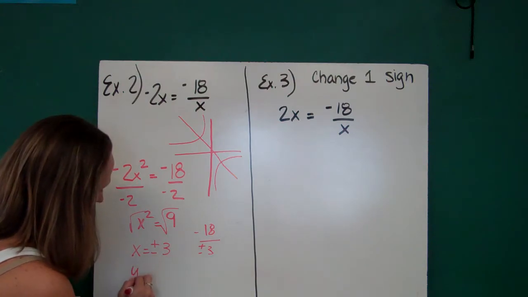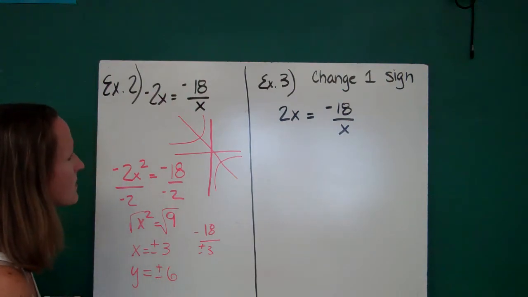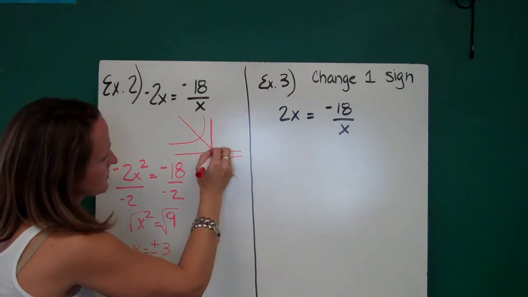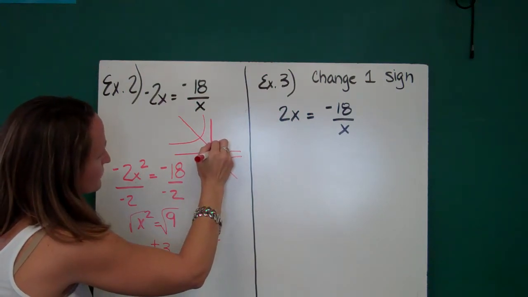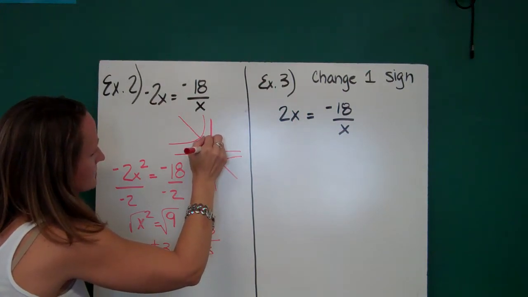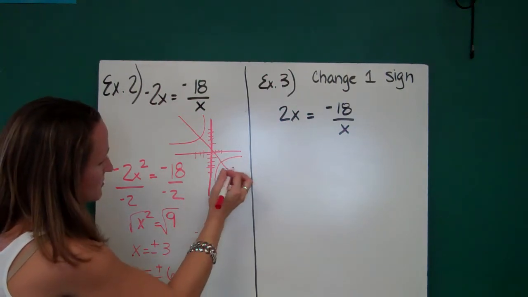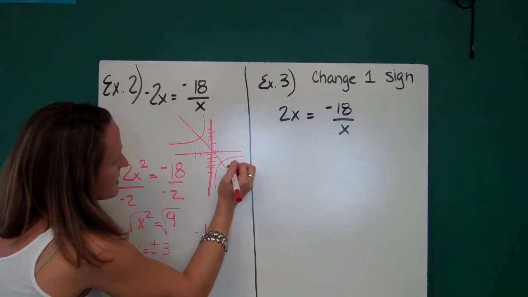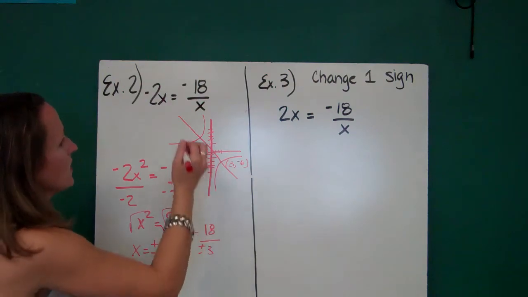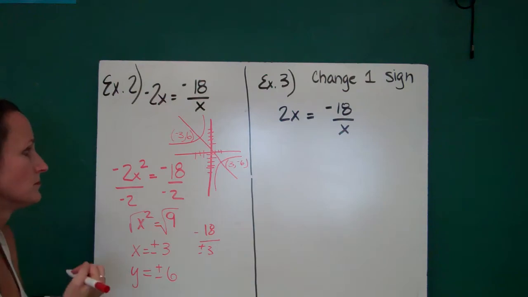I'm going to get y equal to positive or negative 6. So we should be here at positive 3, negative 6. And this one should be at negative 3, positive 6.